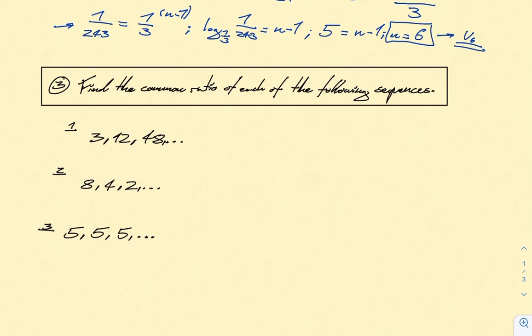Exercise 3 says, find the common ratio of each of the following sequences. Remember, the common ratio is always the jump between terms. I write it as r.